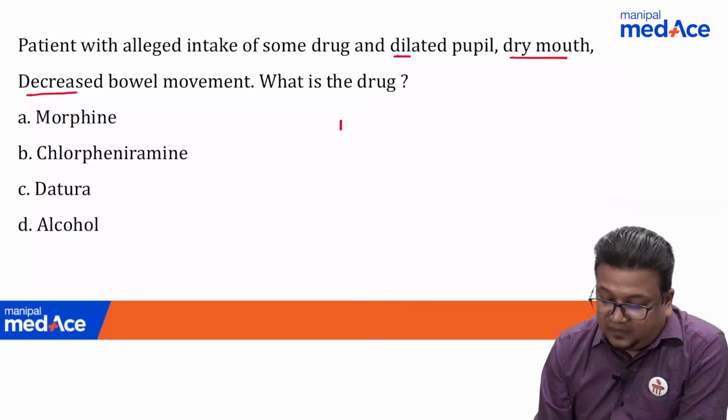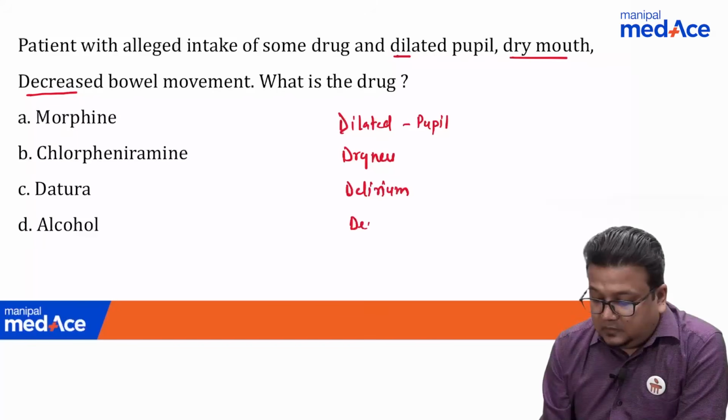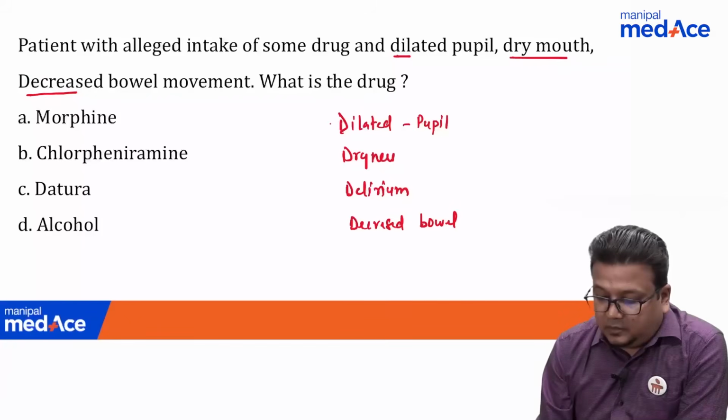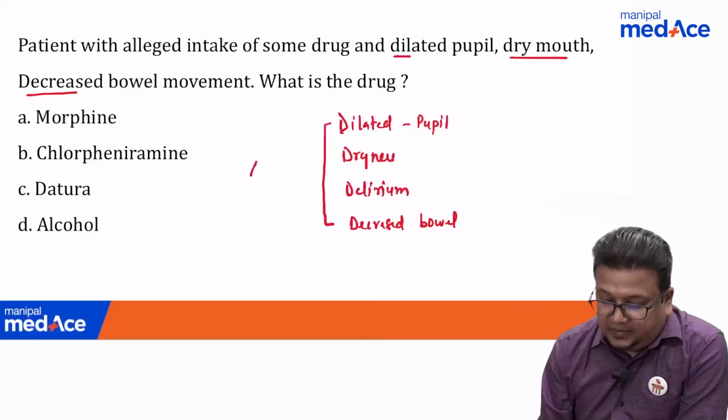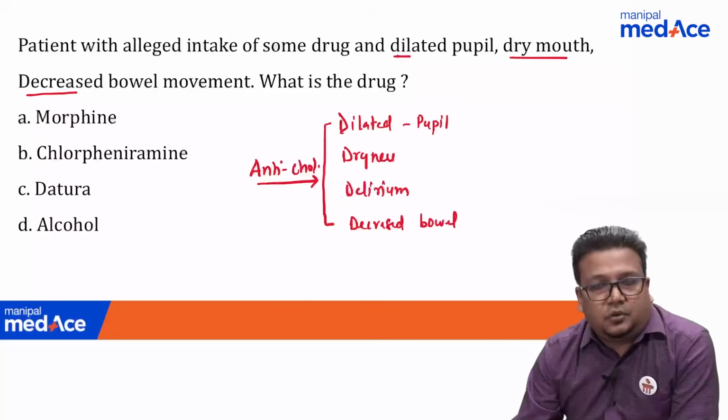So if we have dilated or mydriatic pupil along with dryness, and other symptoms like delirium and decreased bowel movement, they are all suggestive of an anticholinergic profile. So a drug which is anticholinergic, blocking the muscarinic action, can produce all these actions.